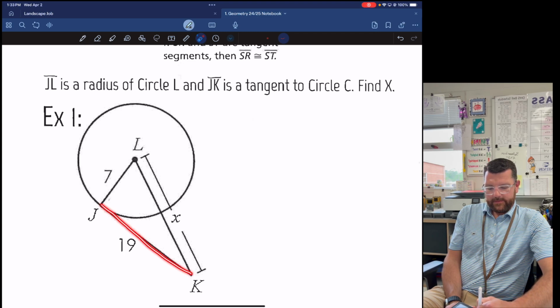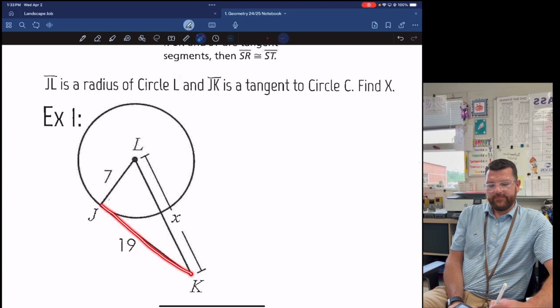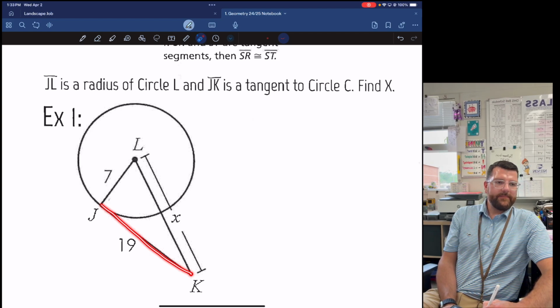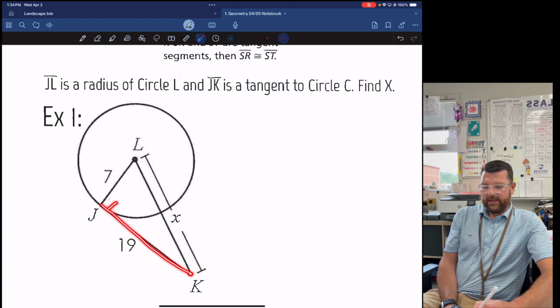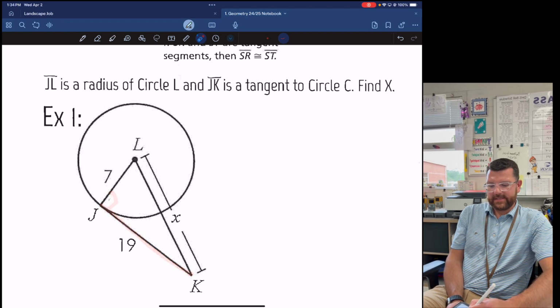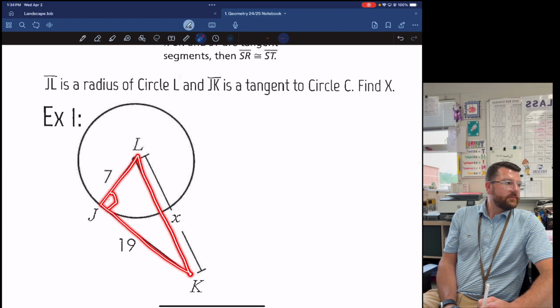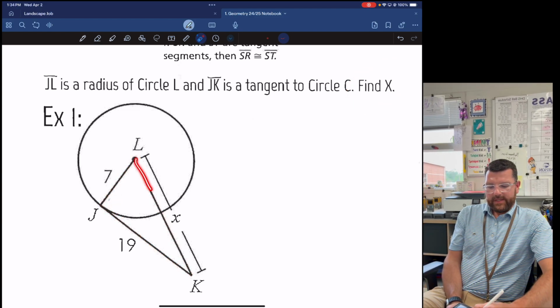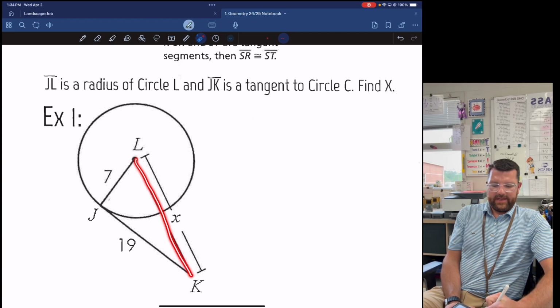JK is a tangent. Tangent lines and the radius form a 90-degree angle, which makes this whole thing a right triangle. Find X. X is this length.